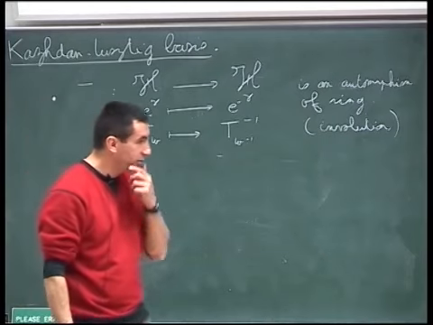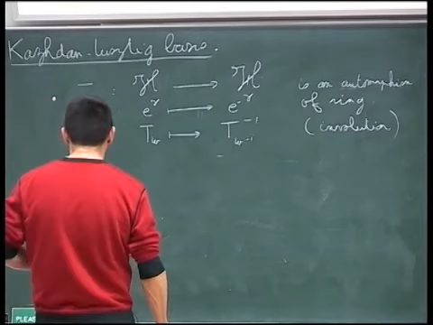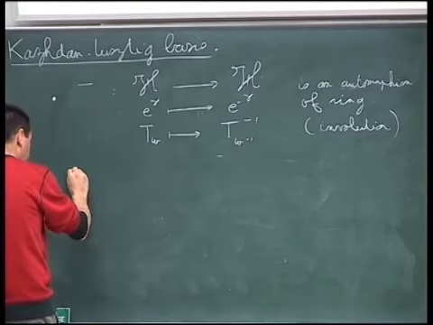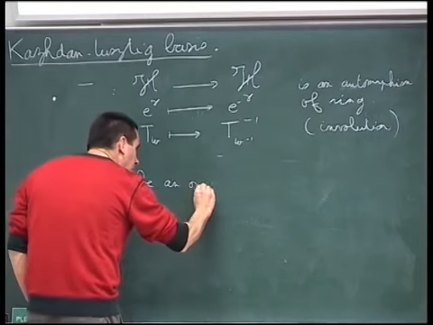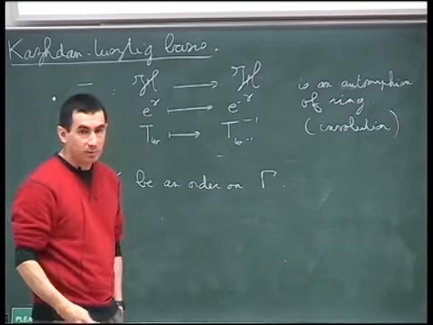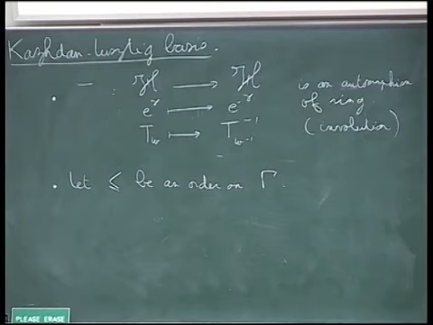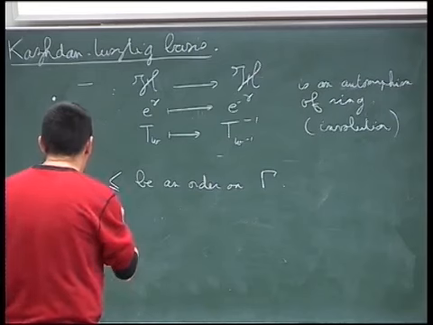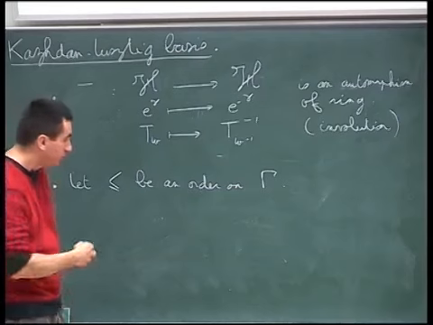And the second ingredient we need for building the Kazhdan-Lusztig basis is an order on gamma. So gamma is a group, and I want to order its elements, but I don't want to order them arbitrarily. I want that this order is compatible with the group law.